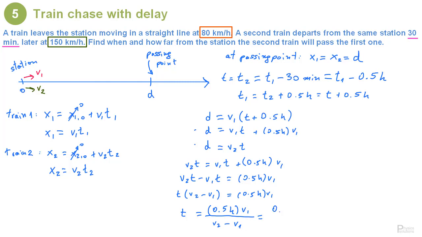So we get 0.5 hours times v1, which is 80 kilometers per hour, divided by v2, which is 150 kilometers per hour, minus 80 kilometers per hour.